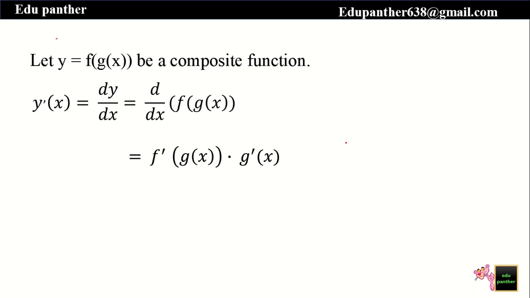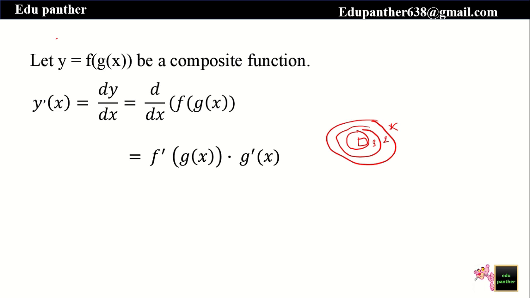To remember this formula, you can consider this as a room with n number of doors. So suppose this is your first door, second door, third door, and so on. Now suppose a treasure is hidden here. If we have to get this treasure, first we will open the first door, that means we'll differentiate the first door.